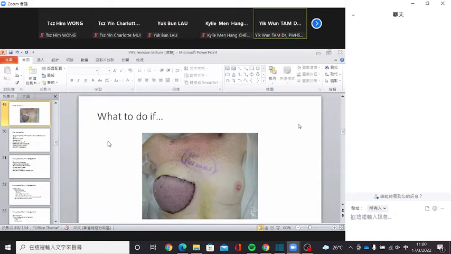You're able to appreciate that the color is purplish, a very typical appearance for a congested flap. For an arterial problem, the flap usually looks very pale with no blood flowing. That's why there's no capillary refill. How about for a congested flap?